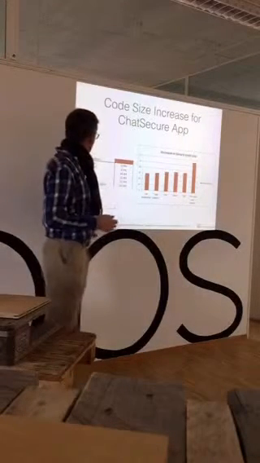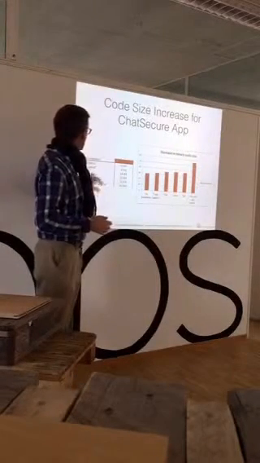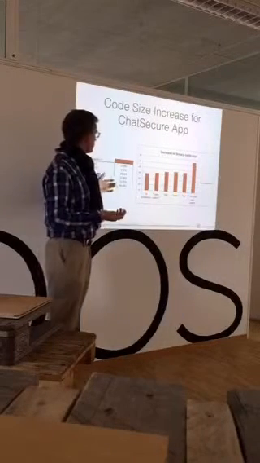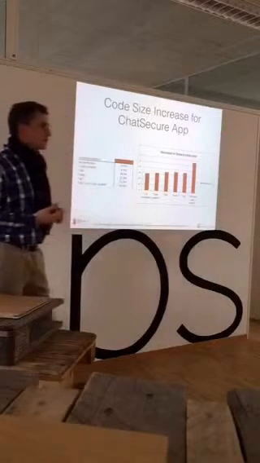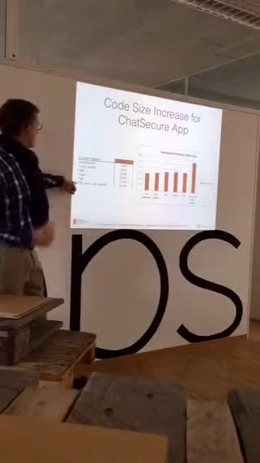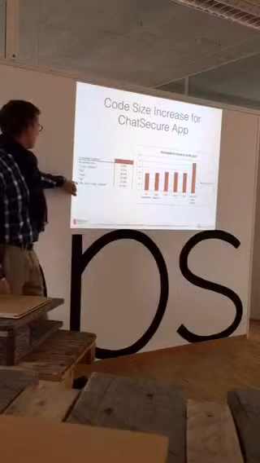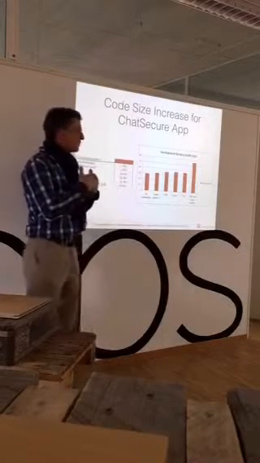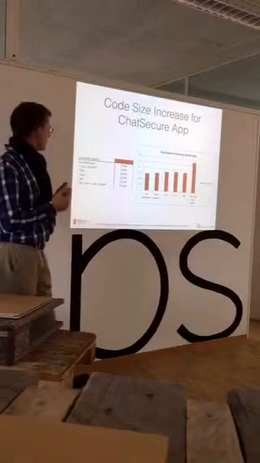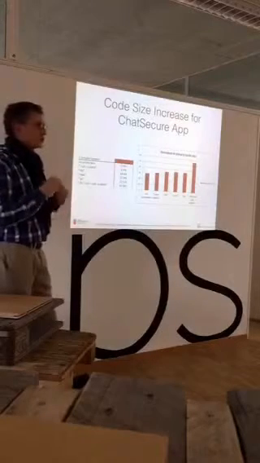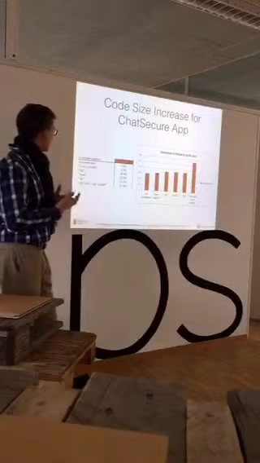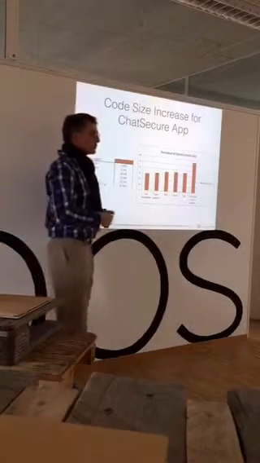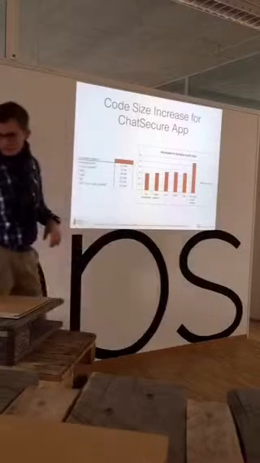But what is maybe important is that protection will increase the binary code size, and with a lot of protection, you will maybe have a DLL or a dynamic library which is twice as large as before, but not 10 times or 100 times as large, because it won't be usable.